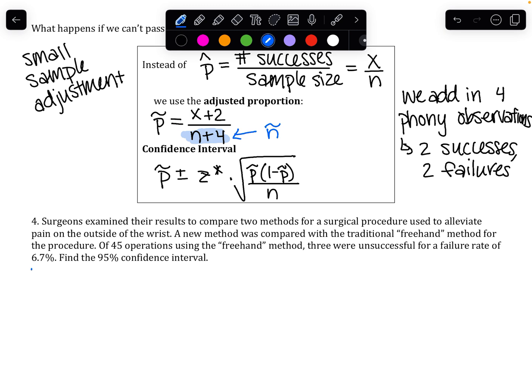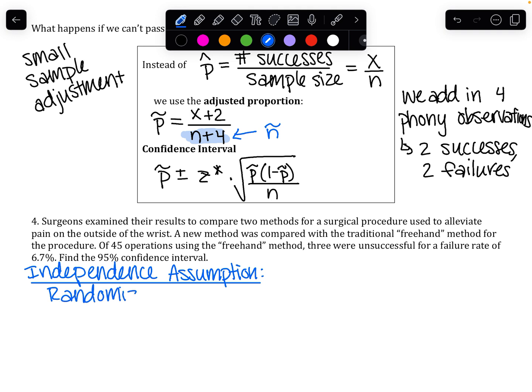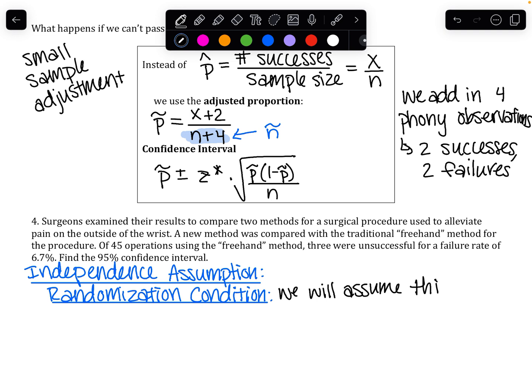So because we're finding a confidence interval, we're thinking about conditions. So we got the independence assumption, randomization condition. Is this a random sample? Well, it says they're doing an experiment, right? I think so. We're going to assume this is a properly randomized experiment.